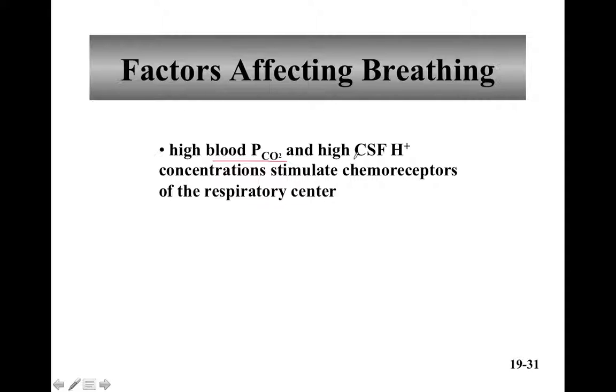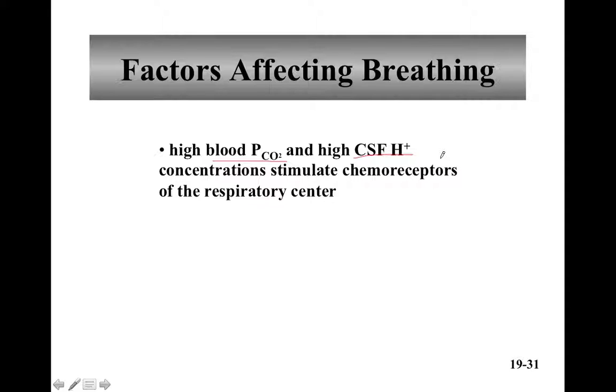And it's also going to cause another thing that's not so good. CSF is cerebrospinal fluid. It is the hopefully clear fluid that is flowing around the brain and down the spine. And as you hold your breath and that carbon dioxide starts to accumulate, this takes a while, but it will actually change the pH. It will increase the hydrogen ions in that cerebrospinal fluid, and it will start to make it just a little bit acidic.